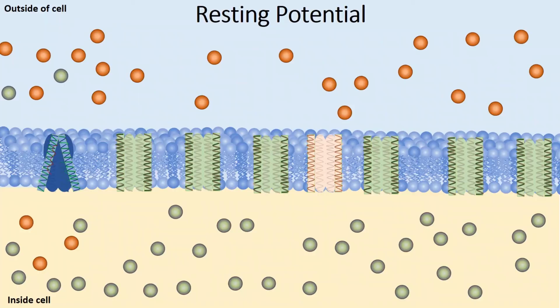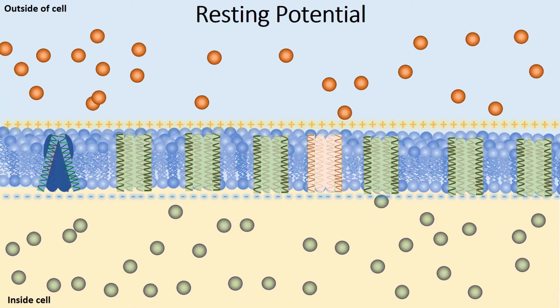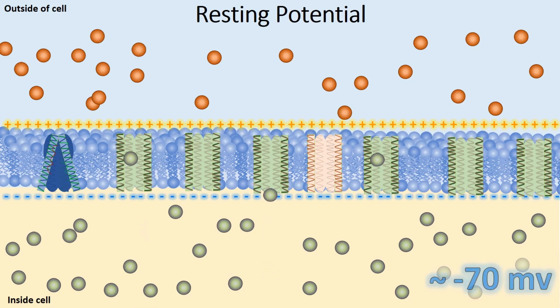Let's sum this up. In order to have resting potential, first we have the sodium-potassium pump churning away, moving sodiums out of the cell and potassiums into the cell. As a result, we're creating that concentration gradient. We then have leak channels. They approximate the Nernst equation, which stalls any further net movement of potassium out of the cell.